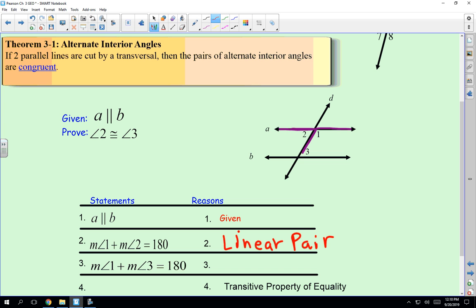Now, we just learned this one, so you might have already forgotten what we said about this, but angles 1 and 3, what kind of angles are they? Awesome. And what's true about same side interior angles in the postulate just above this? They have 180. So we would call this the same side interior angle postulate.